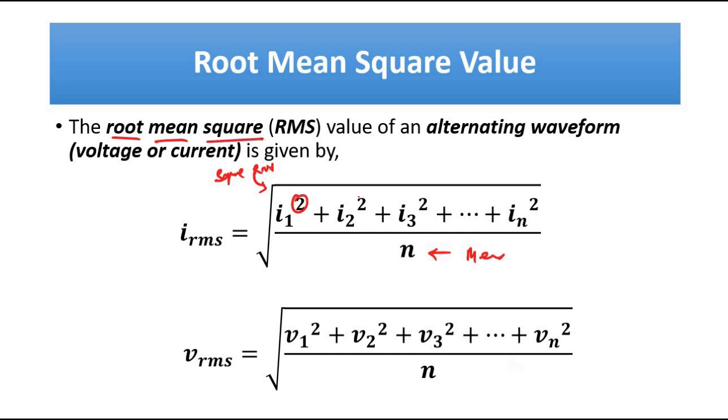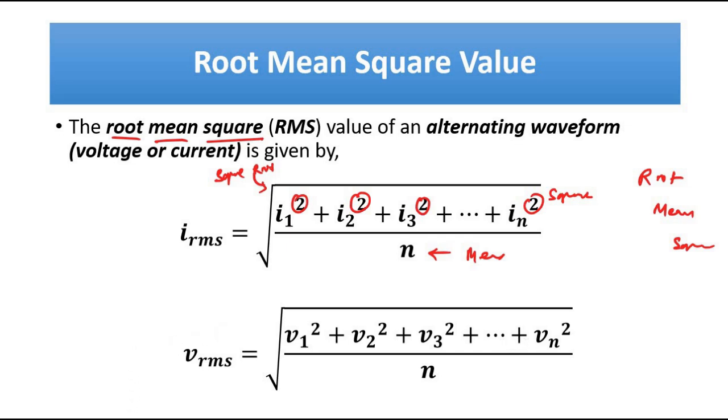So root mean square signifies the square root of the mean of the squares. This is for current. For voltage, similarly, the square root of V1 square plus V2 square plus V3 square plus Vn square, divided by n. This is the root mean square value.